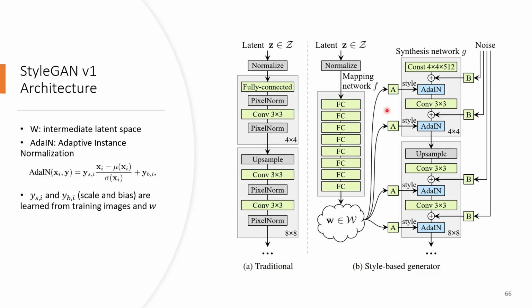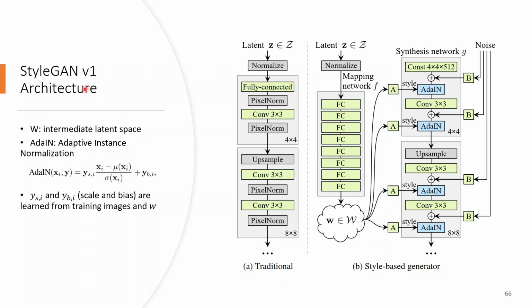one year later, they proposed StyleGAN v1. Let's take a look at the difference. This, they call the traditional GAN, just the Progressive GAN. You have a latent random variable, and then you go through many layers in a generator and generate the image result.